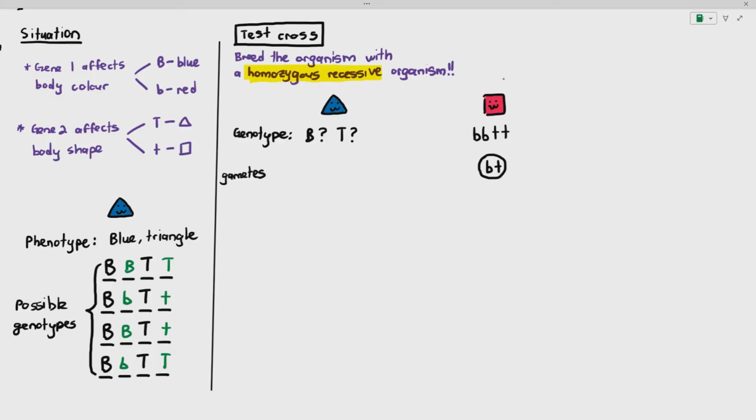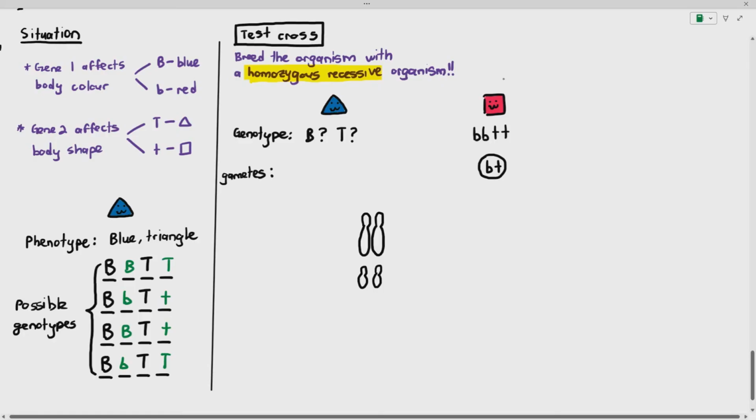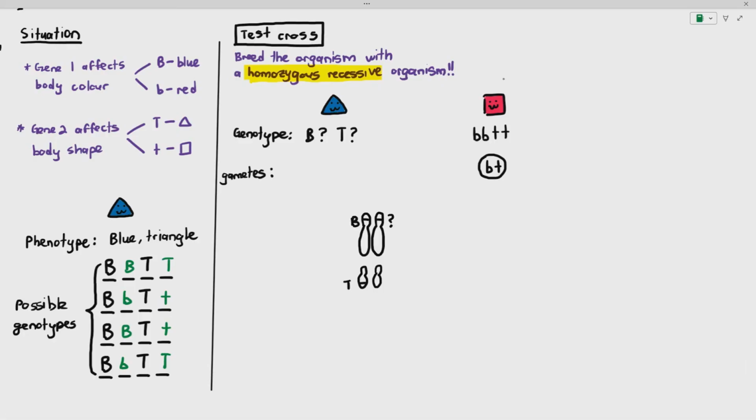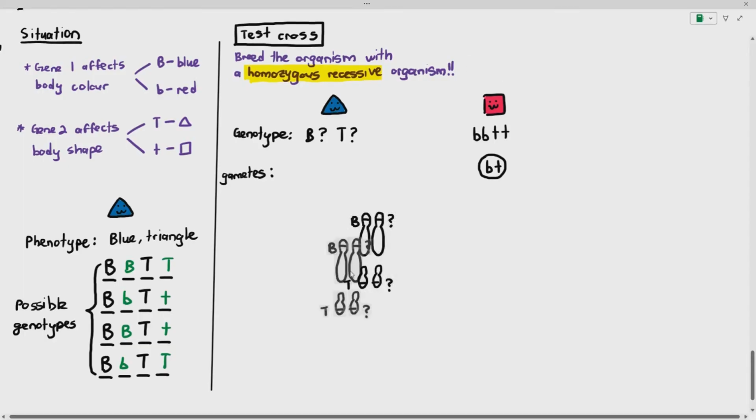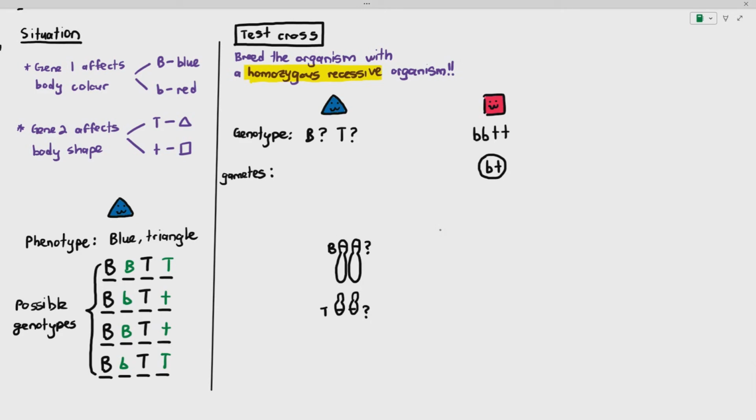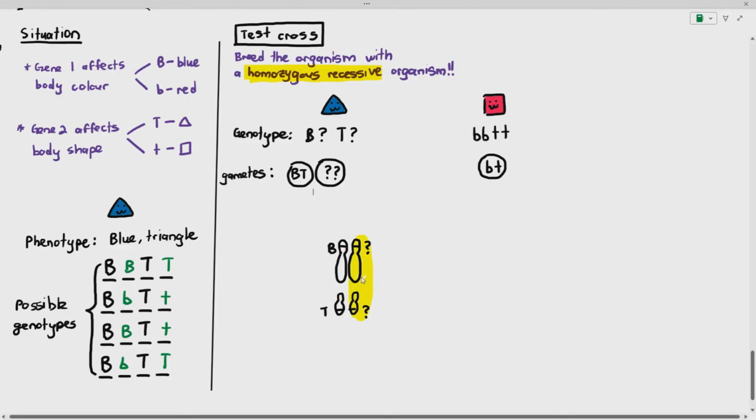That's fine. But if I'm just drawing out this organism's chromosomes here, as you can see, the blue parent has large B, question mark, because we don't know the second allele, and large T, question mark, we don't know the second allele for body shape as well. So we know that the gametes can be large B, large T, that's fine, but it can also be question mark, question mark, we don't know those two.